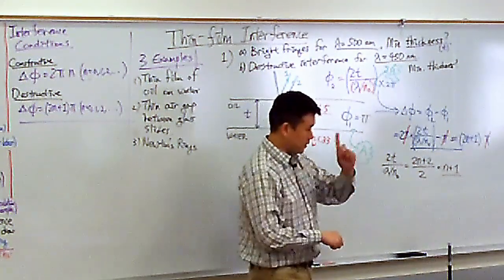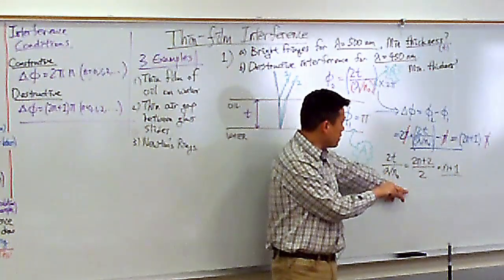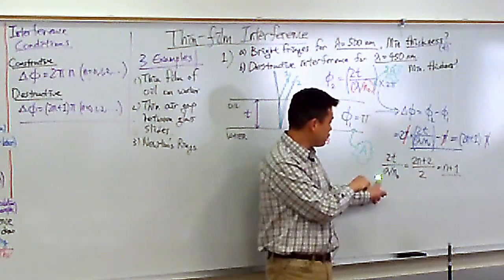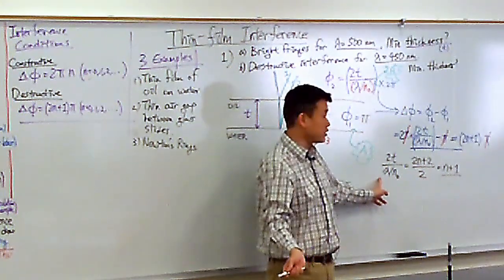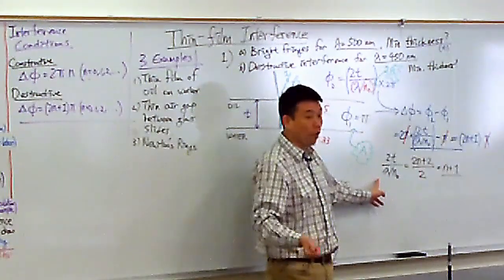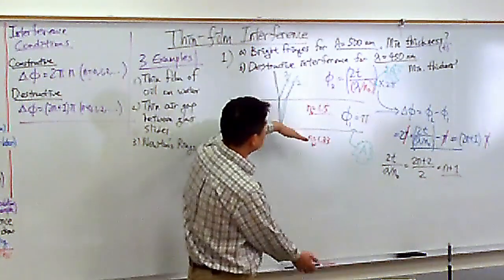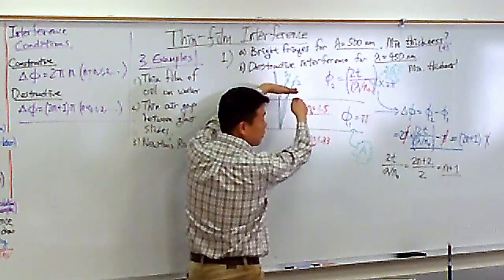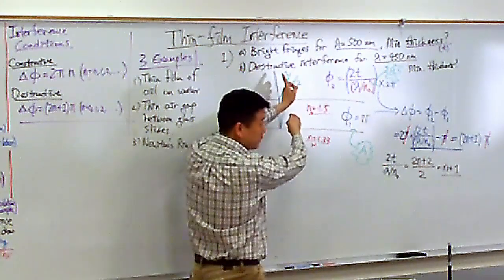Let me ask you a different question. If n is equal to -1, does it matter what wavelength you have on whether you are going to get destructive interference or not? You would get destructive interference for all wavelengths, right? And it makes conceptual sense here too. If this thickness is very, very thin, so beam 2 is not getting any more phase difference, then they start out at pi phase shift apart.